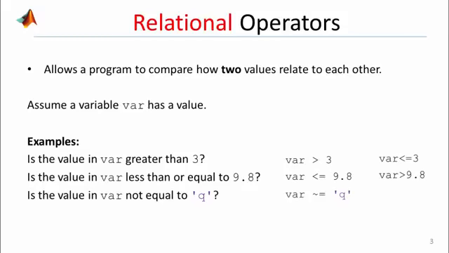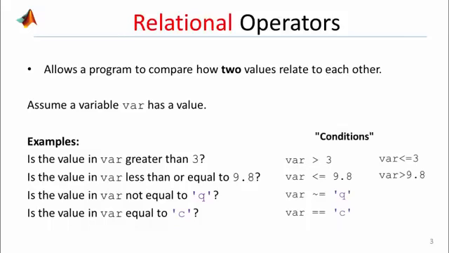Keep in mind to use those quotes for letters. Or is the value in var equal to c? Maybe you offered a menu and you want to check if it's equal to c. In that case, you use two equal signs. These are conditions. We are comparing one variable to another. Whether it is a constant or another variable makes no difference. We are comparing two values.